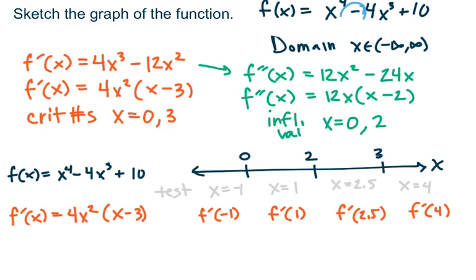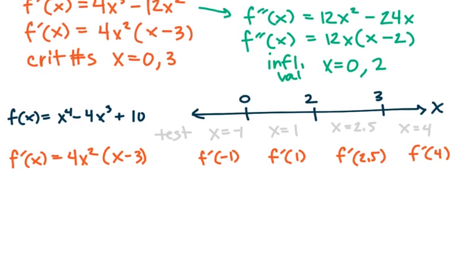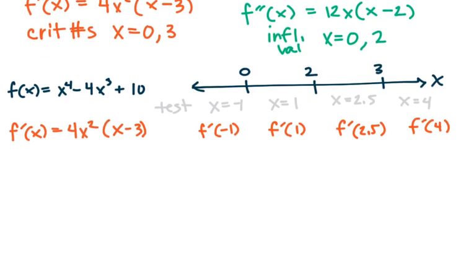And so this is where I say the factored form makes our life a little bit easier, because whatever I plug in here, this first term is always going to be positive, right? So I'm going to have a positive times whatever sign I get there. And it's really easy for me to see, well, if I plug -1 in, -1 minus 3, that's a negative value. So I have positive times negative, and positive times a negative is negative. So I know I have a negative value here.